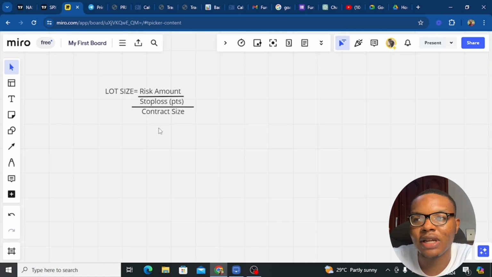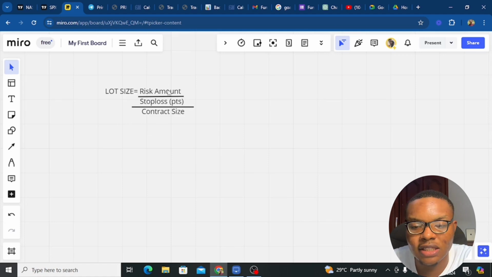You need to have that amount, not the percentage. You have to know, okay, this is how much I want to be risking. So let's say you want to risk $100, and then you need to know your stop loss points, because indices are calculated in points, not pips, right? So you need to know your stop loss points as well as the contract size. That's all you need to calculate.